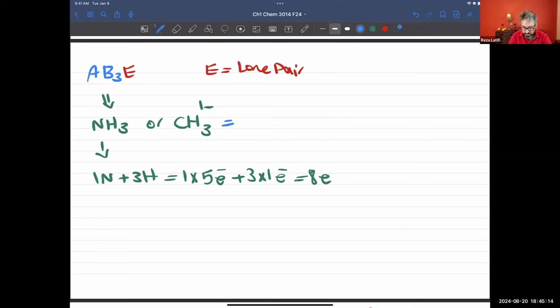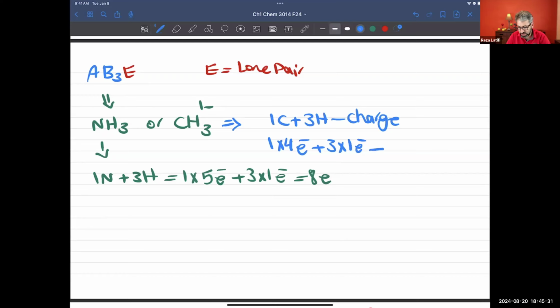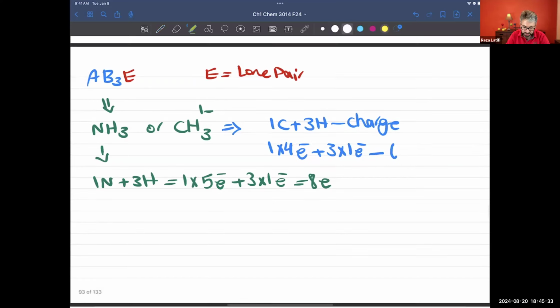For CH3 minus 1, you will say 1 carbon plus 3 hydrogen minus the charge. So you go 1 multiply 4 for carbon plus 3 multiply 1 for hydrogen minus the charge. And what's the charge? Charge is minus 1.